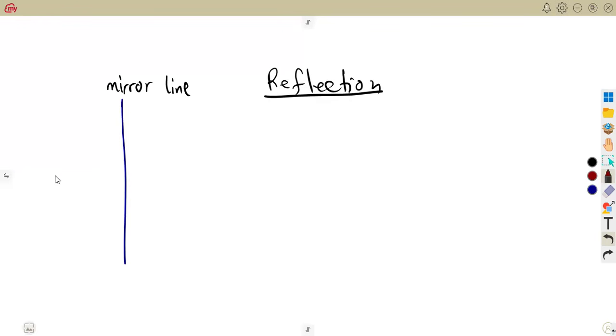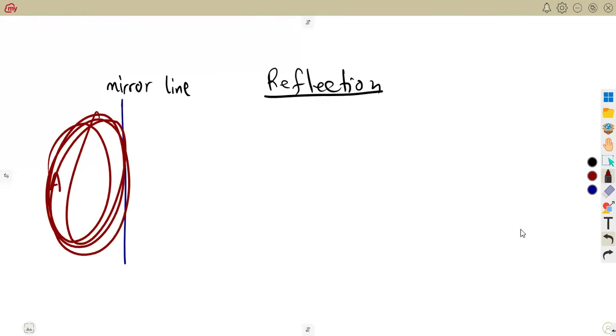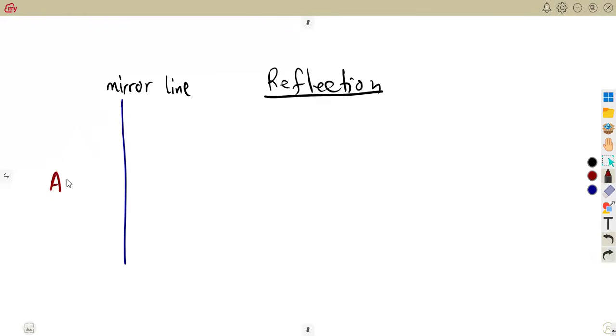If A is on this side of the mirror, the object is on one side, and the image will be on the other side. So take note, if A is on this side, you are going to find its image on the other side. This is where we are going to have the image of A.